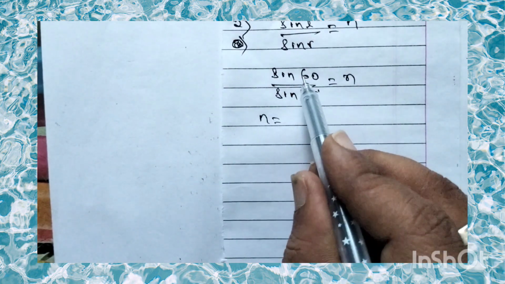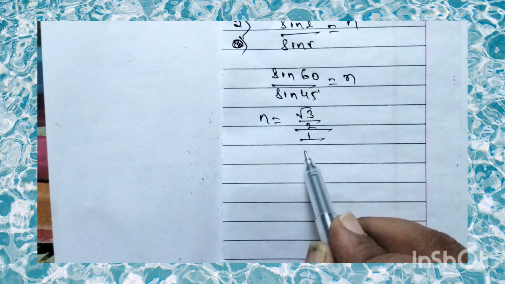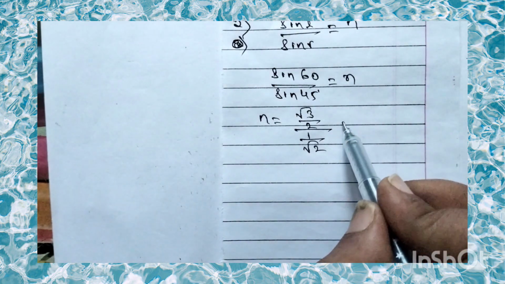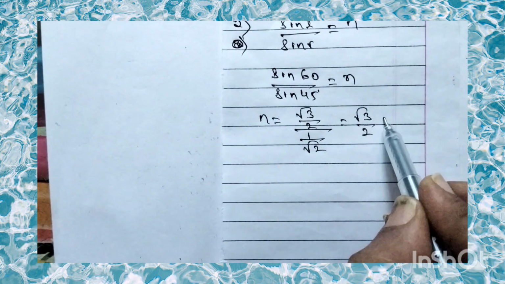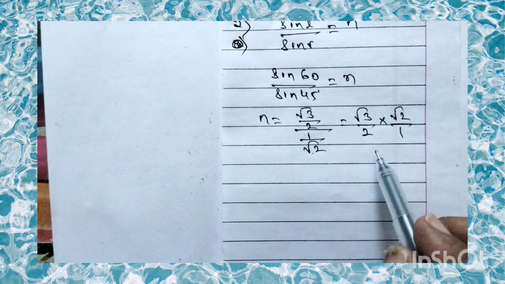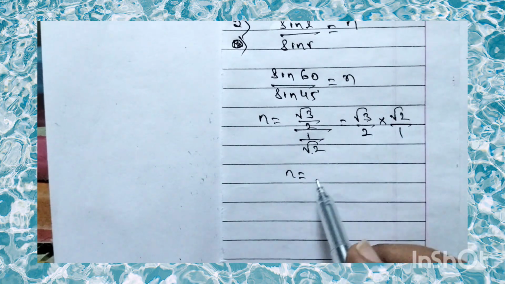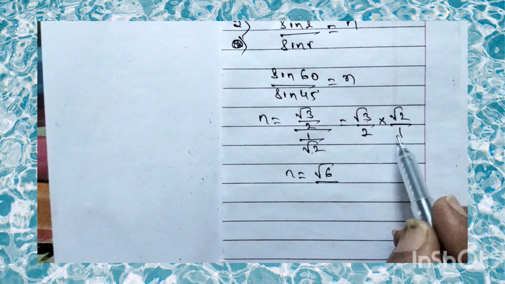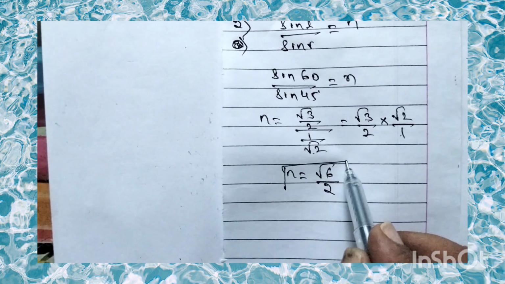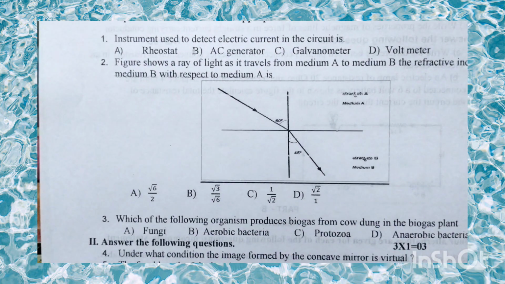Sin 60 is root 3 by 2 divided by sin 45, which is 1 by root 2. That is root 3 by 2 into the reciprocal, root 2 by 1. So the refractive index is root 3 into root 2, that is root 6, divided by 2. Therefore the refractive index of medium B with respect to medium A is root 6 by 2.